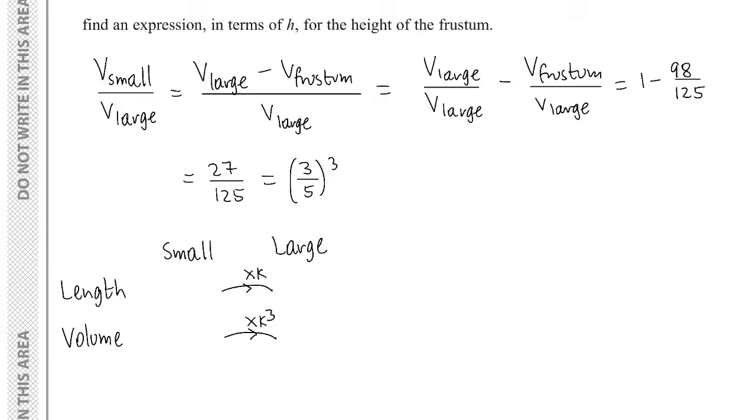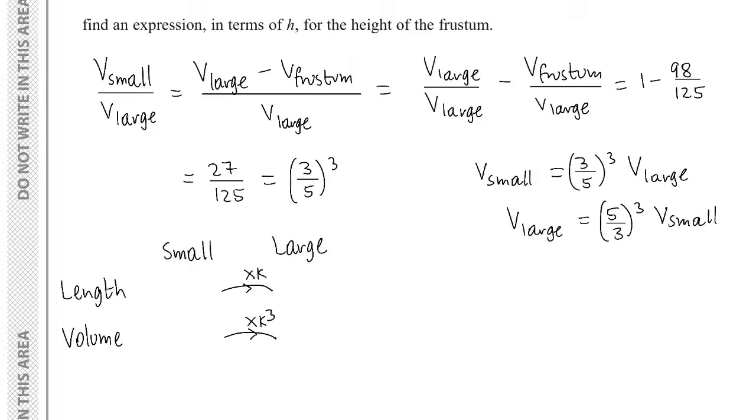From what we have seen here, the volume of the small is 3 over 5 cubed times the volume of the large, or better, the volume of the large is 5 over 3 cubed the volume of the small.